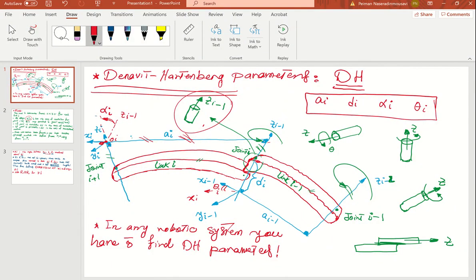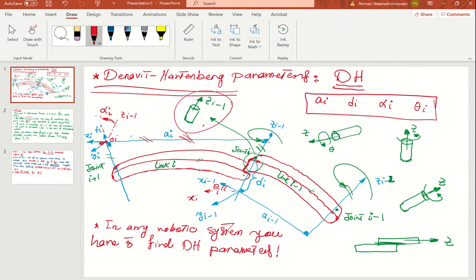So until this point, we could establish many parameters. First of all, we said if you have revolute joints, the axes zi minus 1 and zi minus 2 are in the direction of the actuation. After that, you can connect this line in space that is normal to both zi and zi minus 1. That gives you xi and the origin.